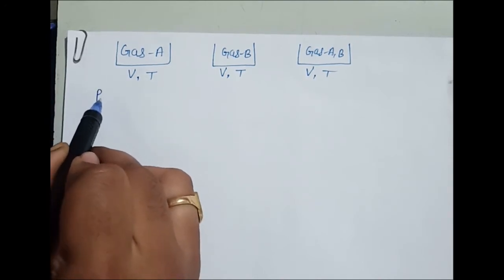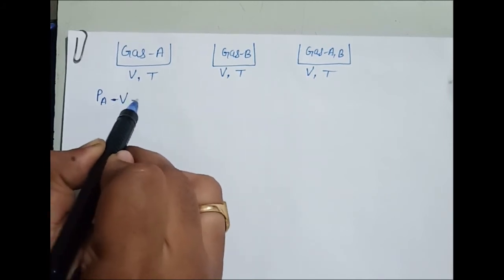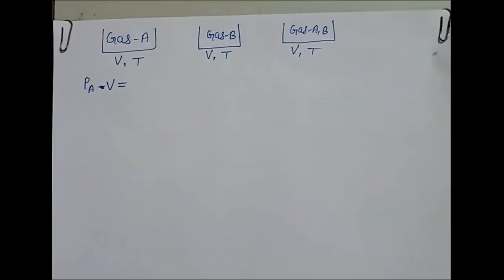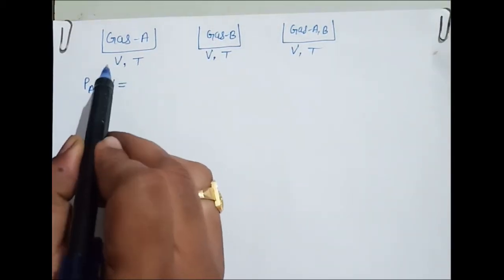PV is equal to nRT. I am applying the ideal gas equation.